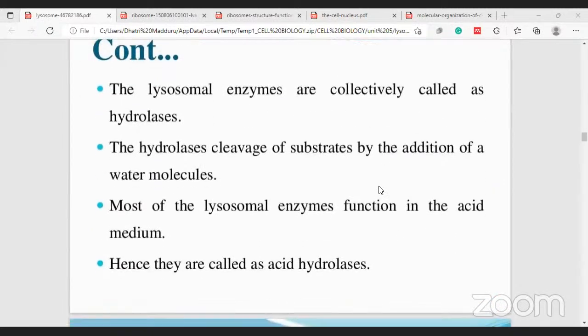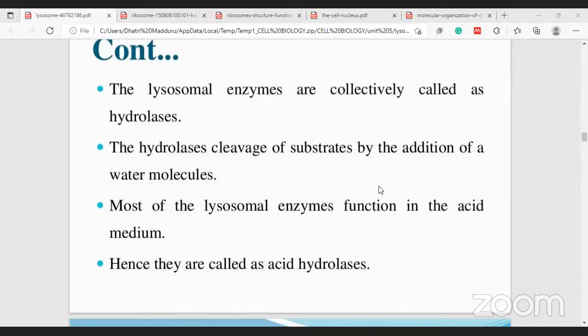And the lysosomal enzymes are collectively called hydrolases. So whatever it is, lipase or protease or amylase, they are together called hydrolases. They cleave the substrate by the addition of a water molecule. Hydro means water.